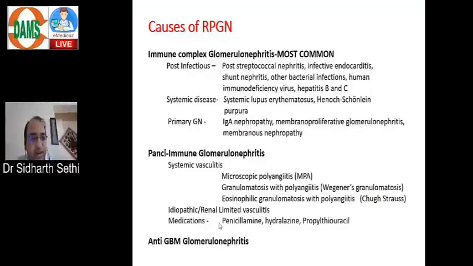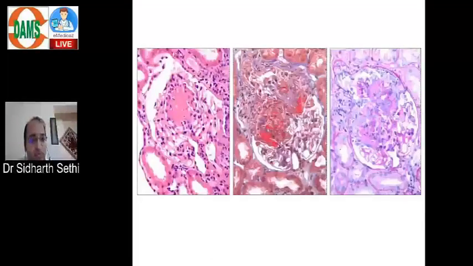Now as you can see here, based on the immunofluorescence, you see immune complexes, or there are no complexes, or there are linear deposits of IgG and C3, that's anti-GBM, which is also called Goodpasture syndrome. So please remember, in your exams you will definitely have one question on crescents.